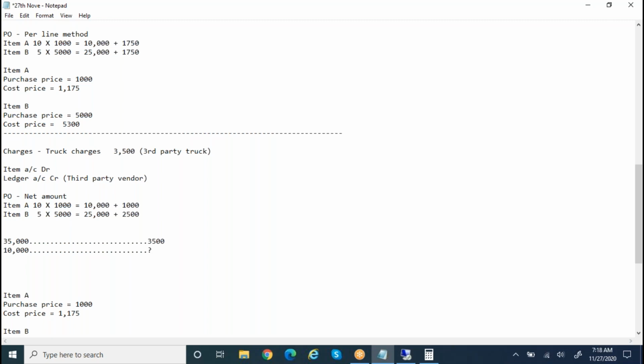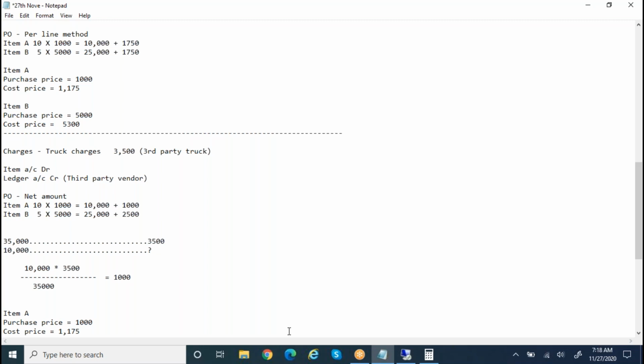This calculation we learned in 8th, 9th, 10th standard. It will be 1,000. If you want, you can calculate. This is the total amount, total charges, and this specific item amount, what is the charge?